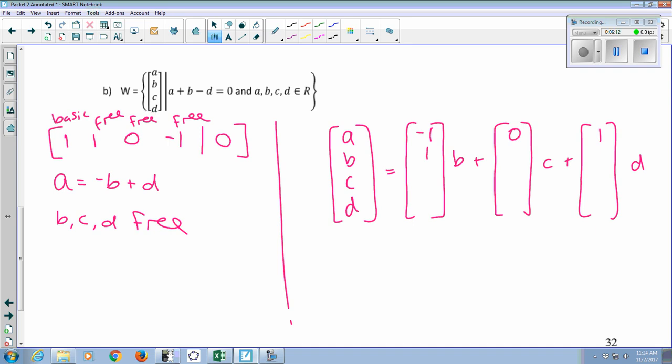So I've got 1, 0, 0, 0, 1, 0, and 0, 0, 1. So I just wrote my solution in parametric vector form. So this is the span of those 3 vectors.